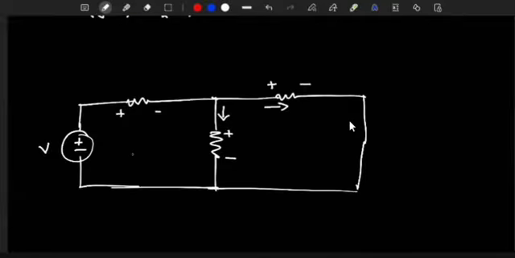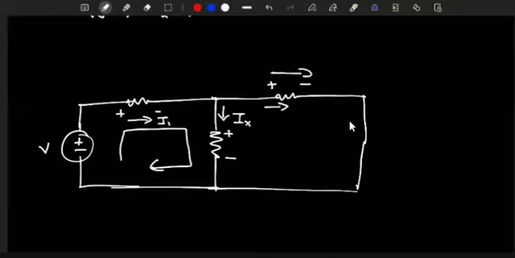So when looping around, take for example this loop. This is Ix. Here you have I1. Here you have I2. So let's say this is 1 ohm. This is 2 ohms. And this is 0.5 ohms.